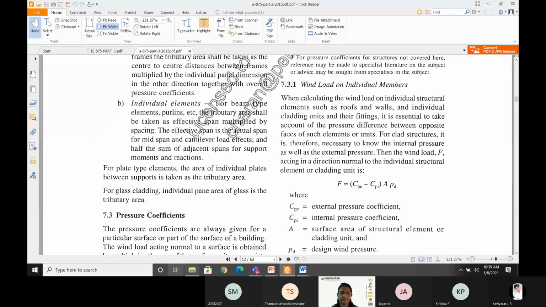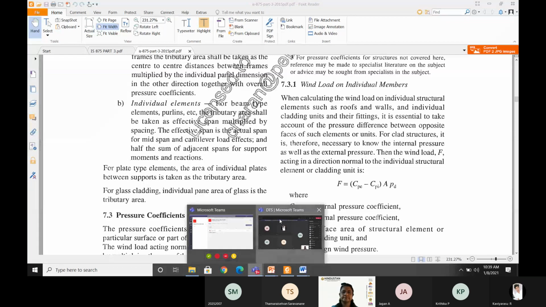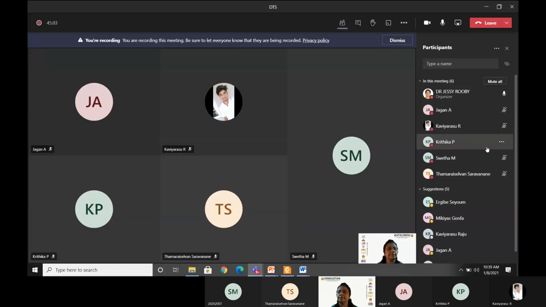Tell me, please give me a feedback. Shweta? Yes, ma'am. Is it clear up to this? Yes, ma'am. Kritika? Kritika is here. Kavya Rasu? Yes, ma'am.